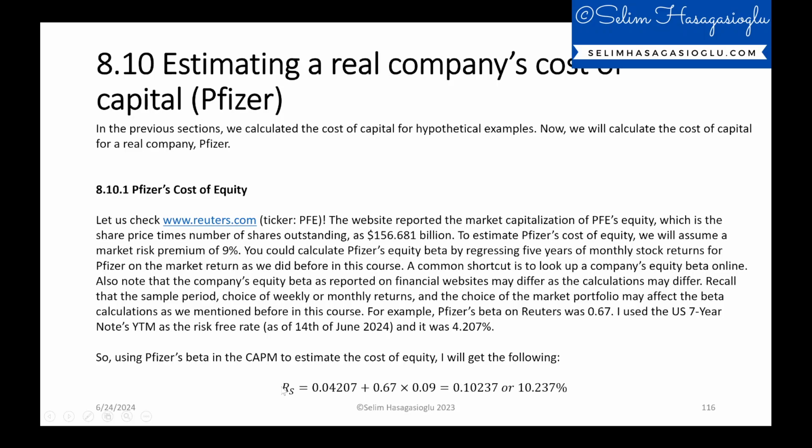Cost of equity of Pfizer, represented by r subscript S, equals the risk-free rate, 4.207%, plus beta of Pfizer, which was read on Reuters as 0.67, multiplied by the equity risk premium, which we assumed to be 9%. So this will be equal to 10.237%. This will be the cost of equity for Pfizer.